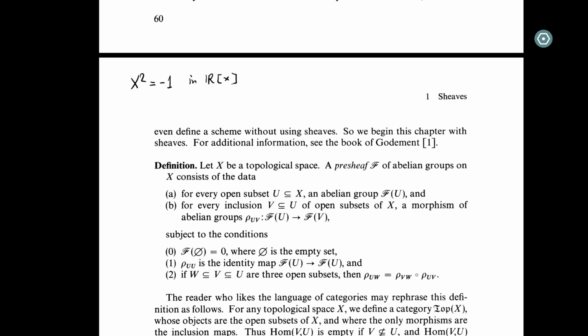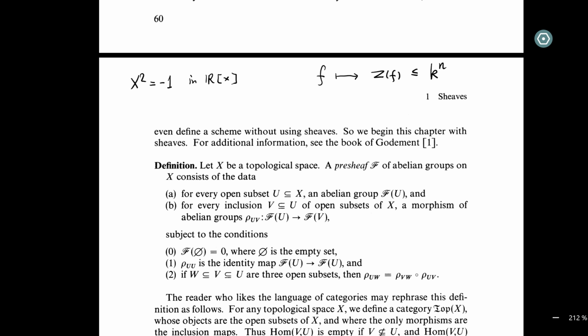In that case, we have a correspondence between the prime ideals and the irreducible subvarieties. In a situation like this, you see the polynomial corresponds to the zero set inside this affine space.